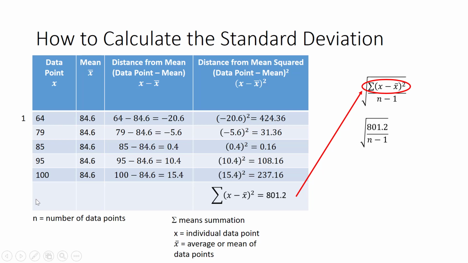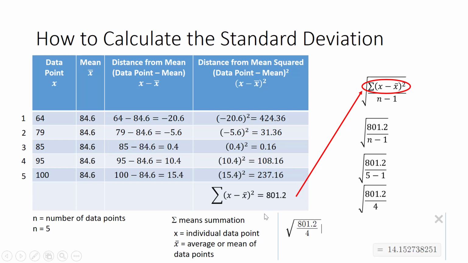Let's count them: 1, 2, 3, 4, 5 data points. Therefore, n is equal to 5. Let's plug that in. At this point, this is a job for a calculator. I used Desmos, free online software, and found that our standard deviation is 14.15 and so on. So this is the standard deviation of our data.